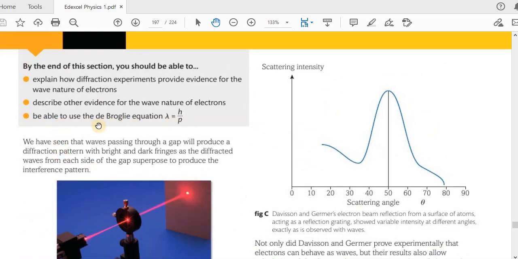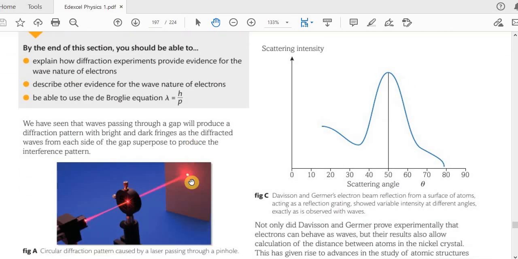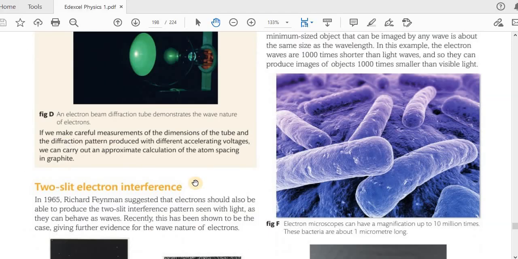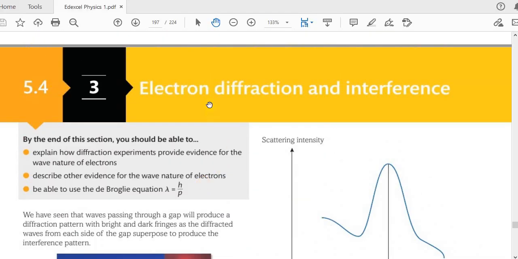Then we went through the de Broglie equation, lambda equals h over p. So very simple, just 2 pages are about this topic on electron diffraction and interference.